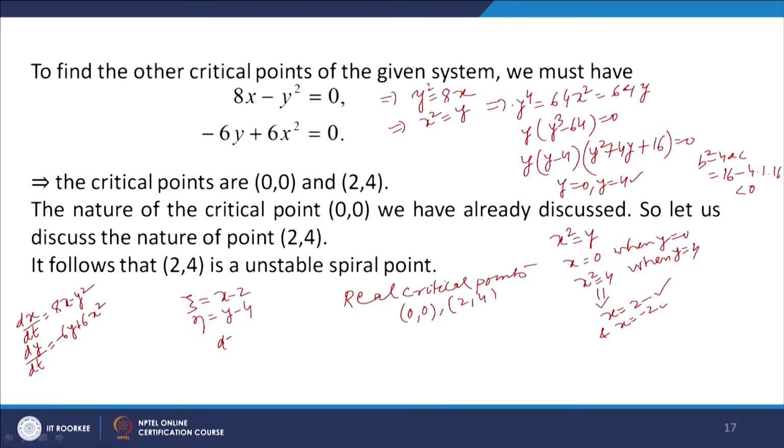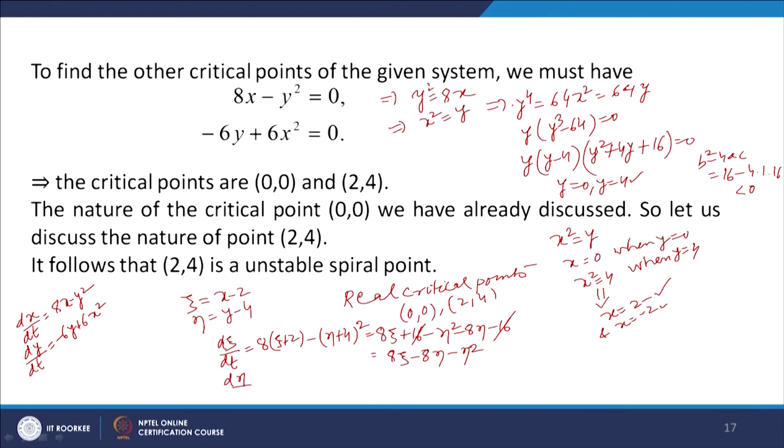So, we have dξ/dt equal to 8x, so 8 times x, where x = ξ + 2, minus y², where y = η + 4, whole square. So, we have 8ξ + 16 and we have −η² − 8η − 16. So, we get dξ/dt = 8ξ − 8η − η².